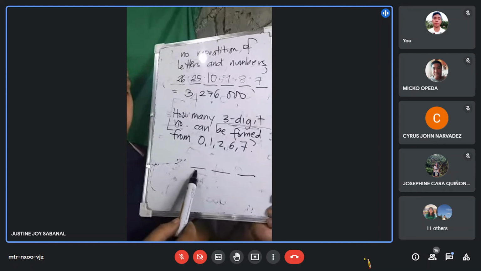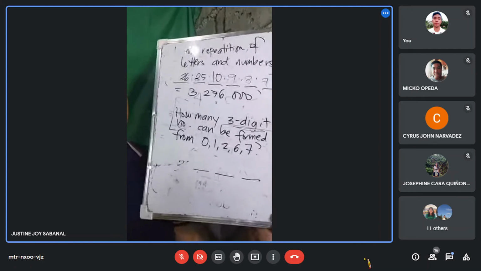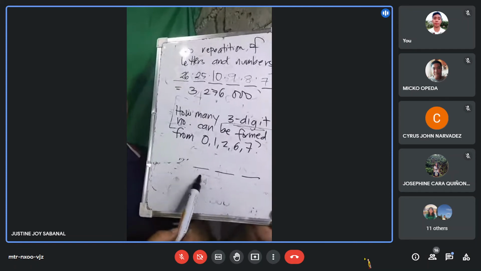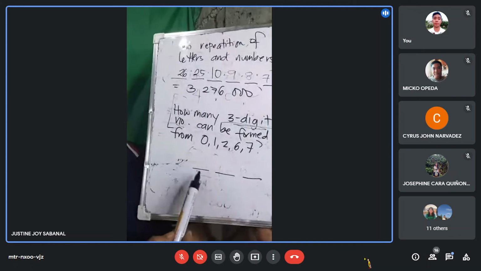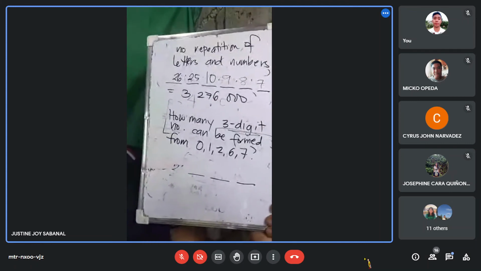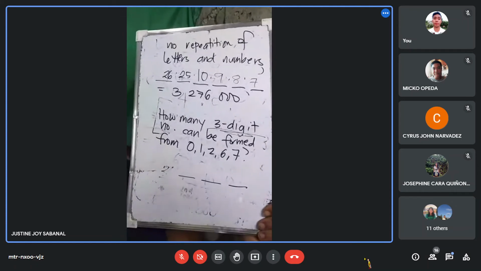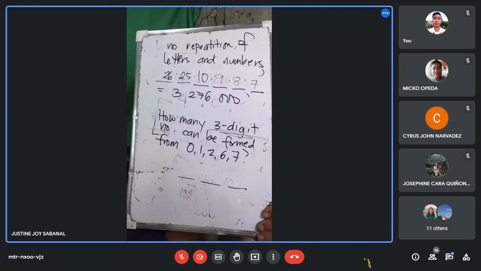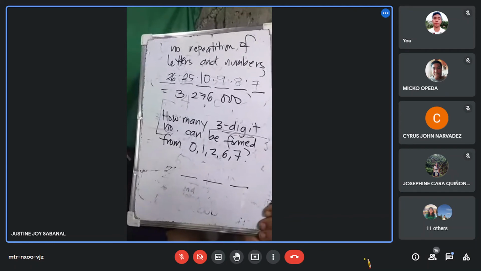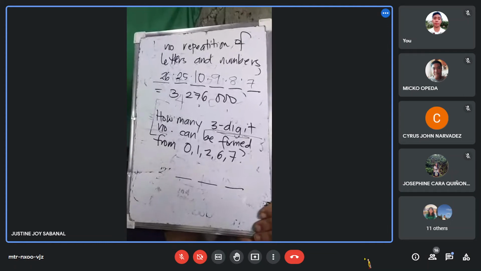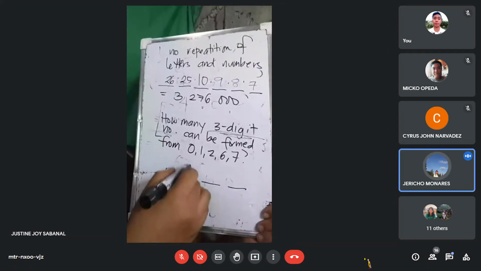So, identify muna natin yung sa hundreds place since may value tayo ng 0. So, ilan kaya yung possible number from 0, 1, 2, 6, 7 yung mailagay ko sa hundreds place? Ilan yung possible option natin? Apat po. Okay po. So, 4 lang.